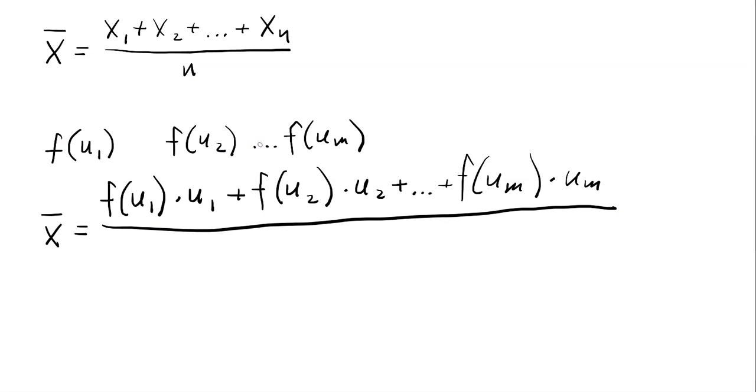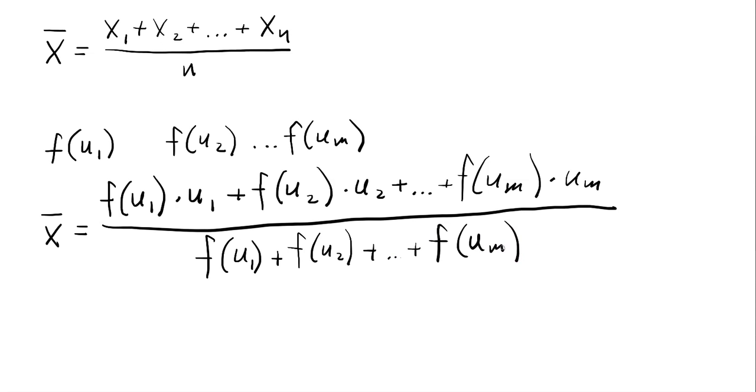But n you can also write as a sum of these frequencies if you like. So this is an alternative formula. It's the same definition as this one, but just written in an alternative way.